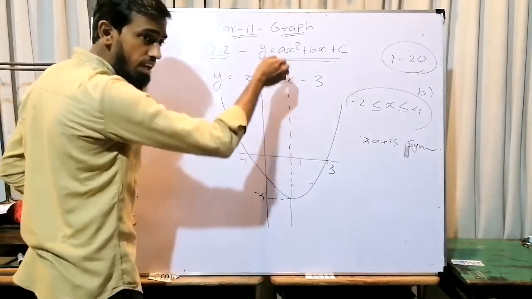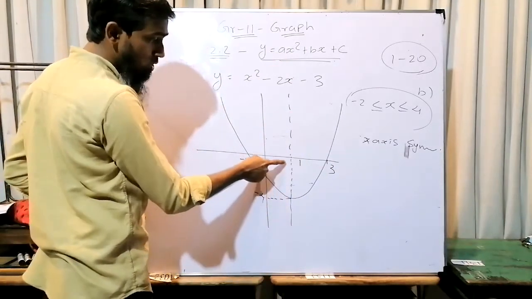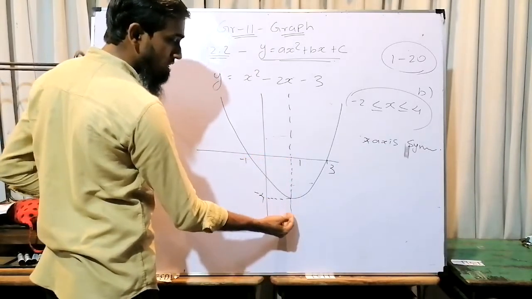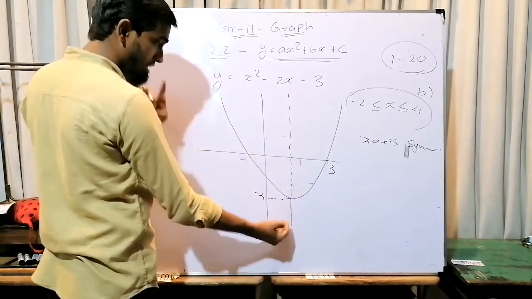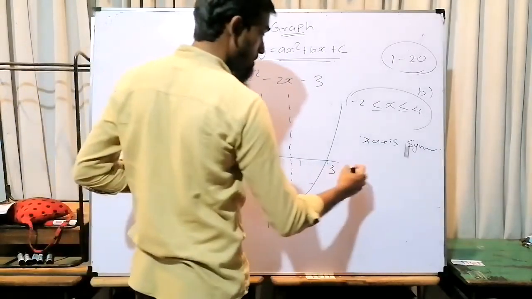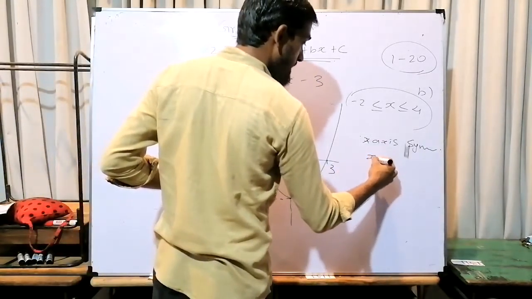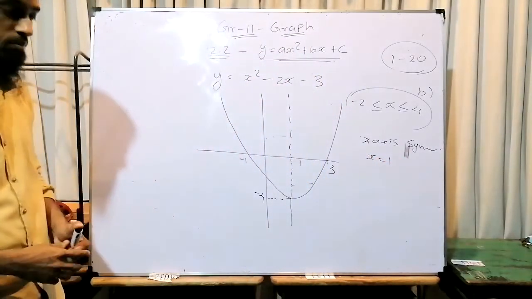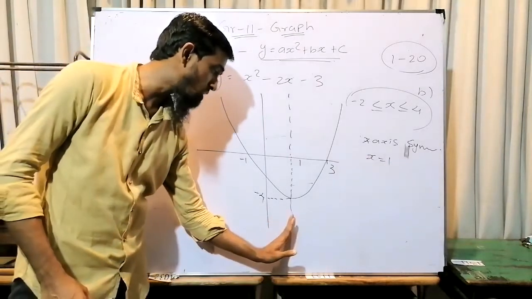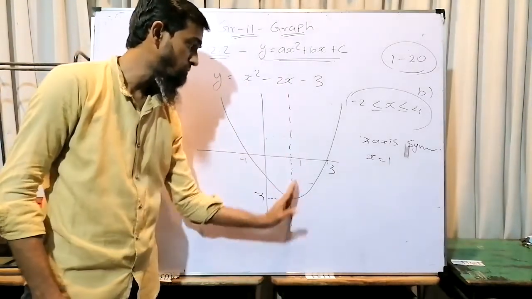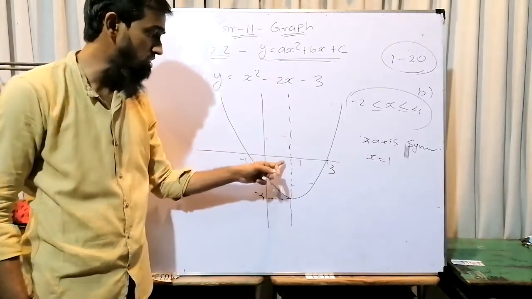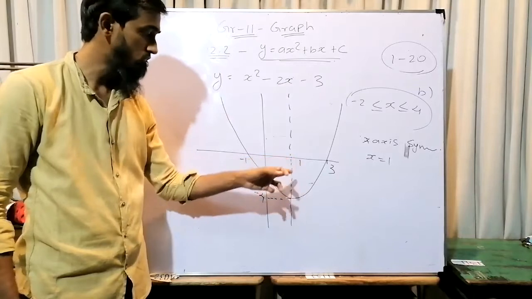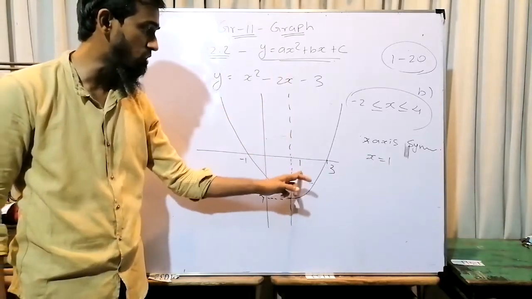Then you can get the point where the straight line passes through on the x-axis. That is the equation. So for this graph, the symmetry axis is x equal 1. How do we get the symmetry axis? Through the turning point, we draw a straight line. That straight line passes through a point on the x-axis, and that is the value. So this straight line passes through x equal 1.